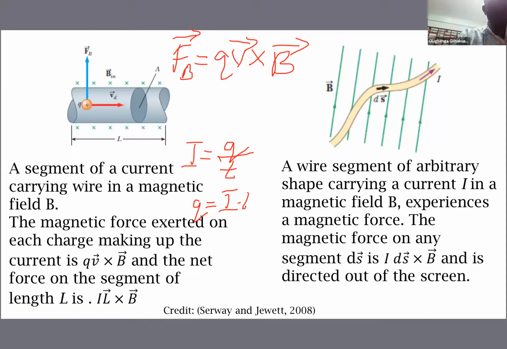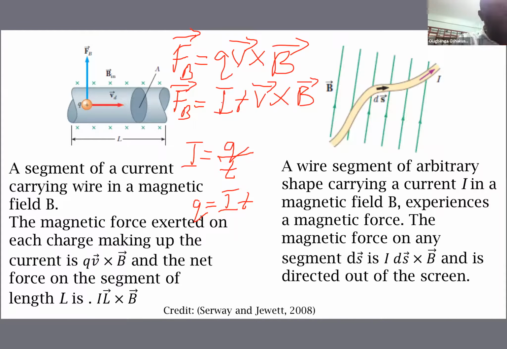That being said, we can redefine magnetic force to be I t v cross B. Now we have magnetic force as the product of current, time, and velocity, which is a vector, cross multiplied with another vector, the magnetic field vector.